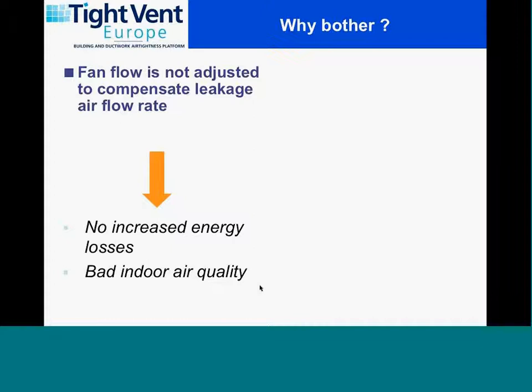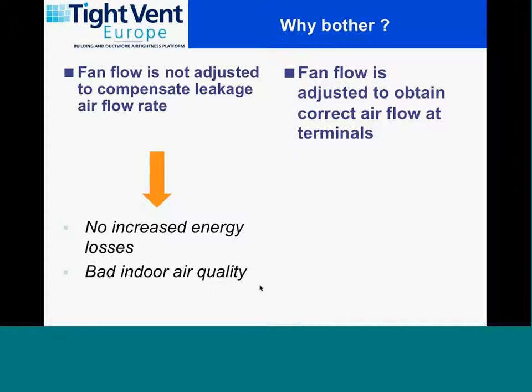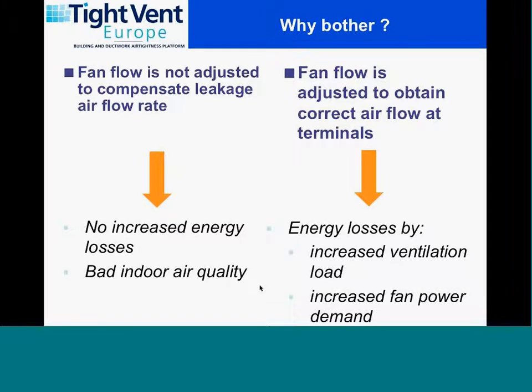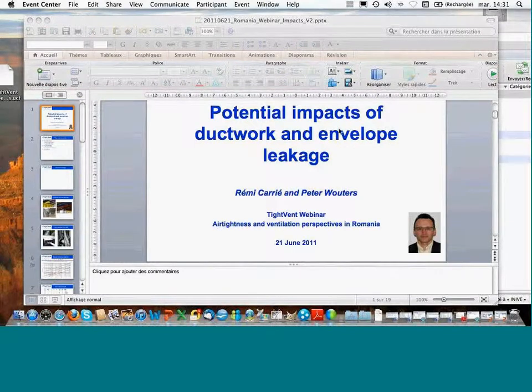But on the other hand, you don't have the right airflows at the registers, so you may have some air quality issues. The other limiting case is that the fan flow is adjusted to obtain the correct airflow at the registers, the airflow terminal devices. And of course, then you will have energy losses because you will increase the ventilation load, and also because you will have increased fan power demand.